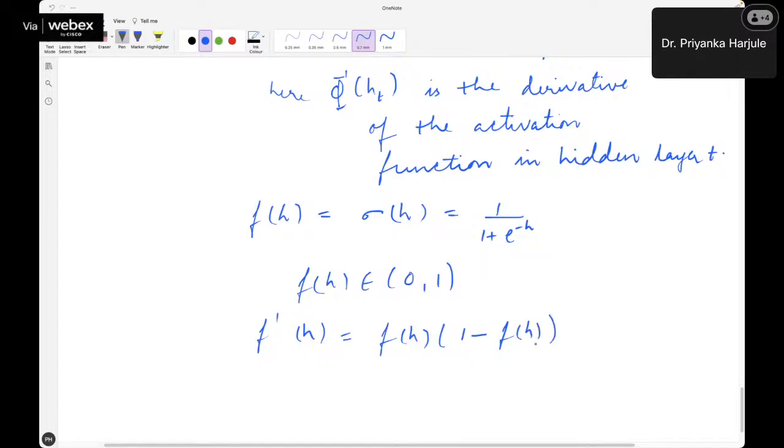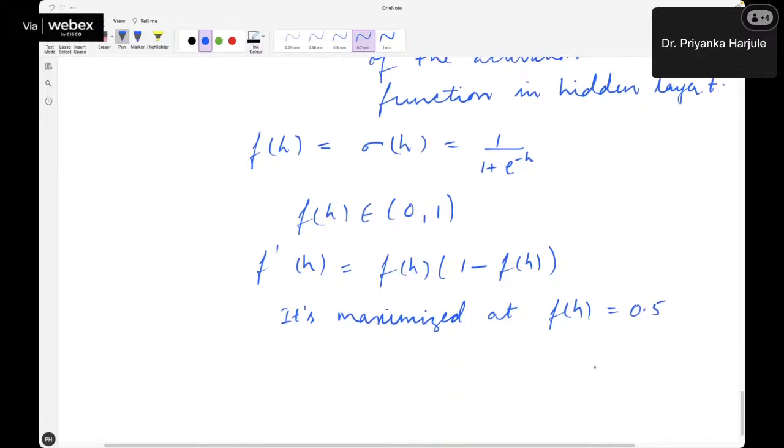This you can evaluate mathematically and check that this is the case. So this is a quadratic function in f of h, okay, and it's maximized at f of h equal to 0.5.